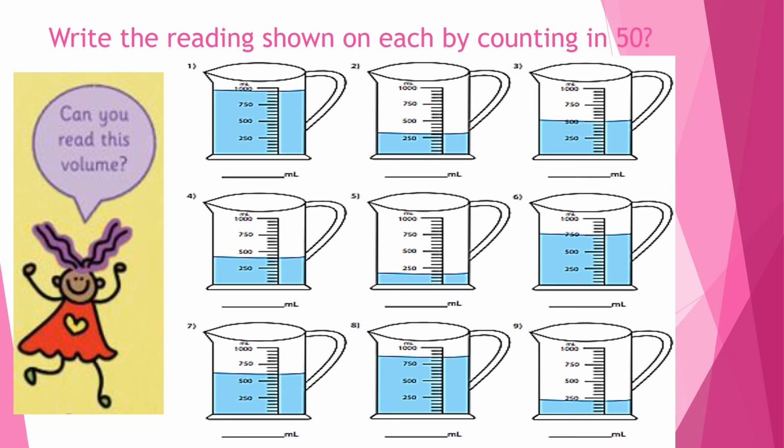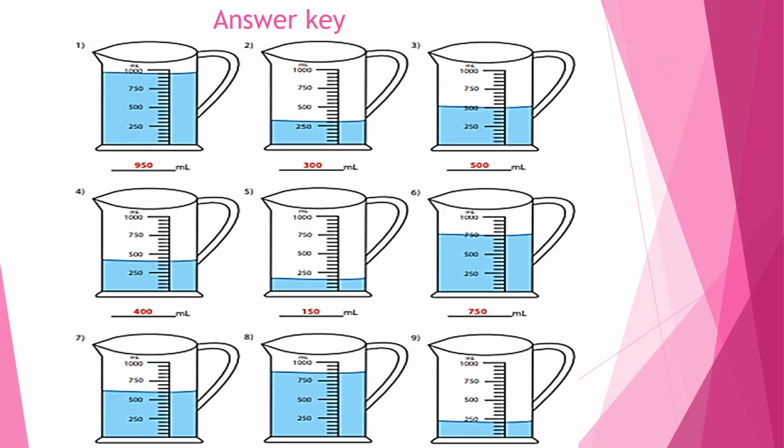So we already have some liquid in each of the containers. So you have to read and write down the milliliters that each of these containers contains. Okay, so you can check your work after you're done in the next slide.